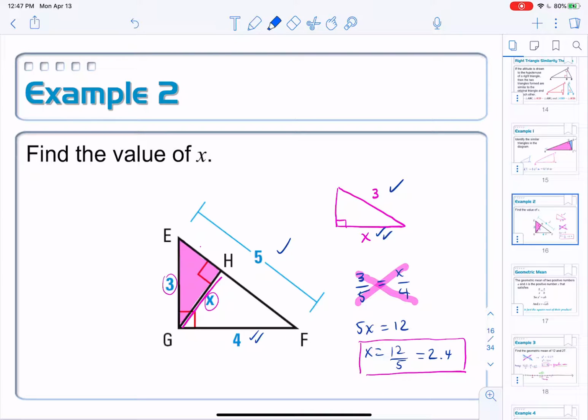I would throw it along the hypotenuse, and I've got stuff in both directions. Let's just throw it to the left. I would have 5 over 3 is equal to 3 over this piece. I don't know how big that piece is. Okay, so maybe I throw it in the opposite direction. I would have 5 over 4 is equal to 4 over, I don't know how big that piece is either.